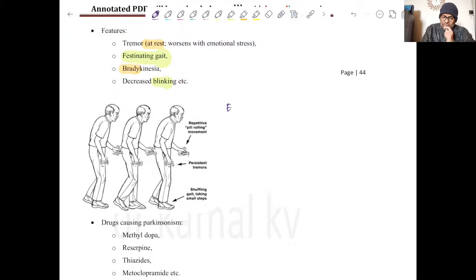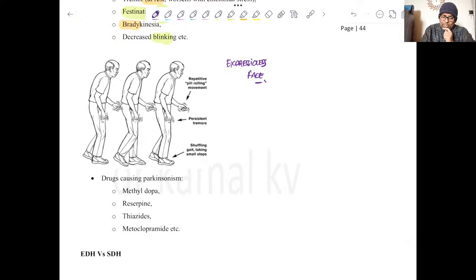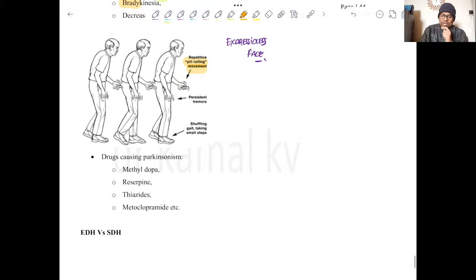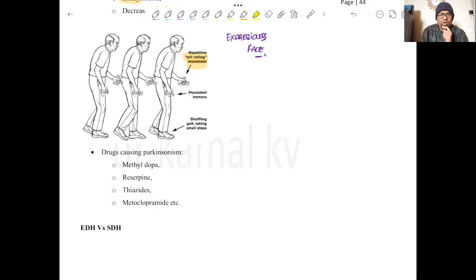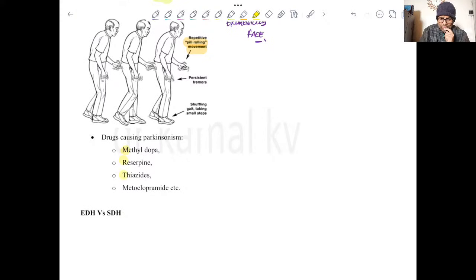Face is expressionless, so also known as mask facies. Then of course there can be pill rolling movements or pill rolling tremors. Some drugs are notorious to cause these extrapyramidal side effects, like methyldopa, reserpine, thiazides or metoclopramide.